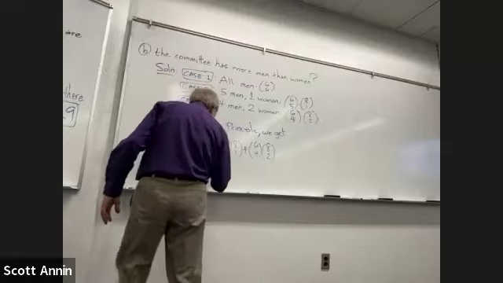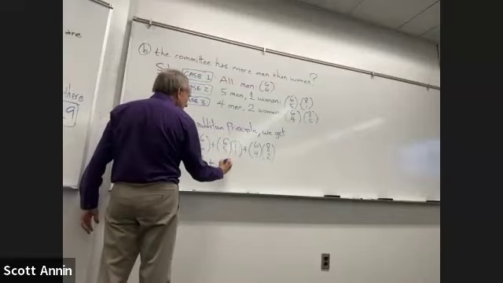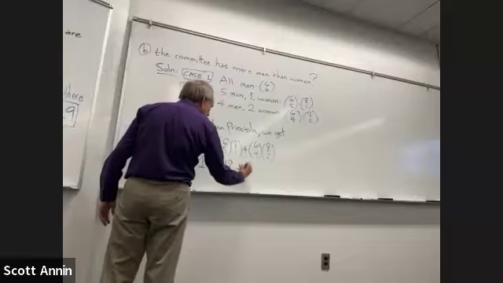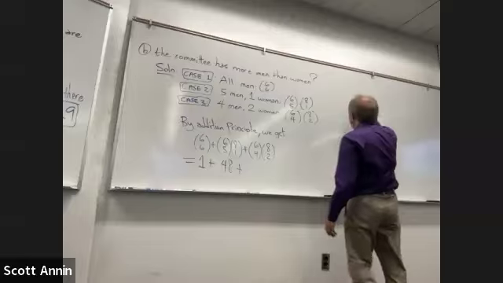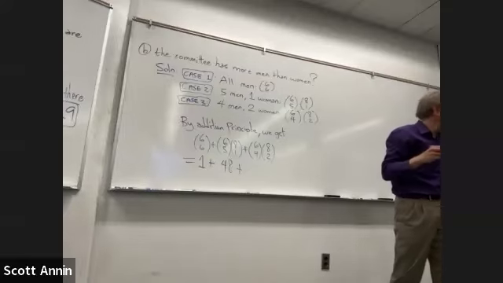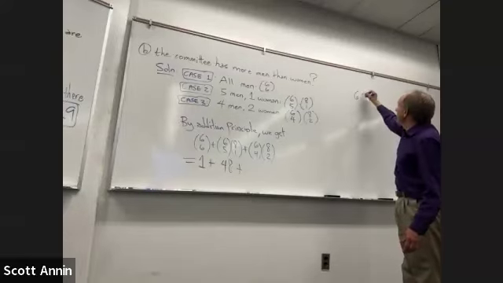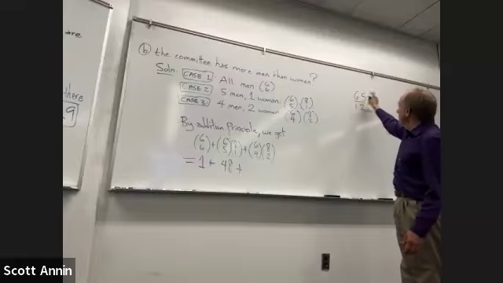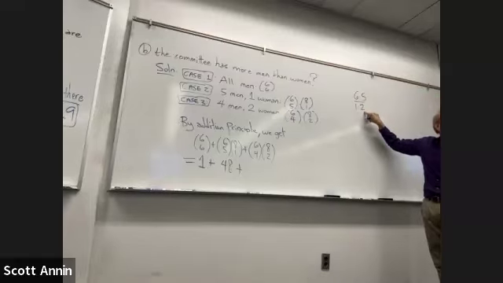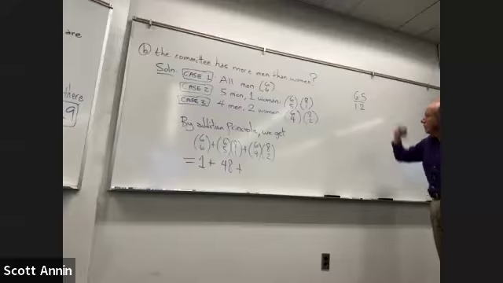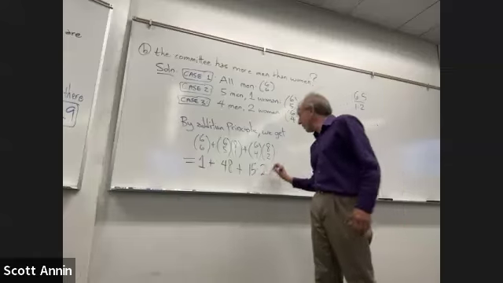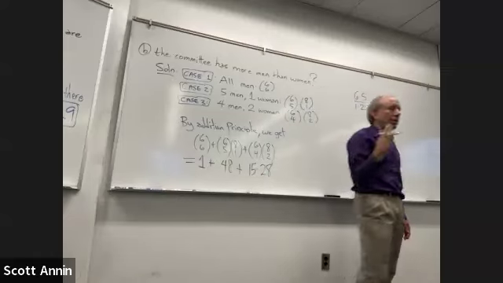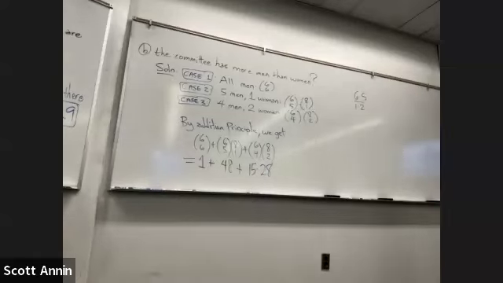6 choose 6 is 1. 6 choose 5 is 6 times 8, that's 48. And 6 choose 4, how do I do these in my head? I know it's the same as 6 choose 2, and I just do that thing where I start factorialing down from 6 as far as it takes to get to 2. So 6 times 5 divided by 2, which is 15. 8 choose 2 is 28 because 8 times 7 divided by 1 times 2.